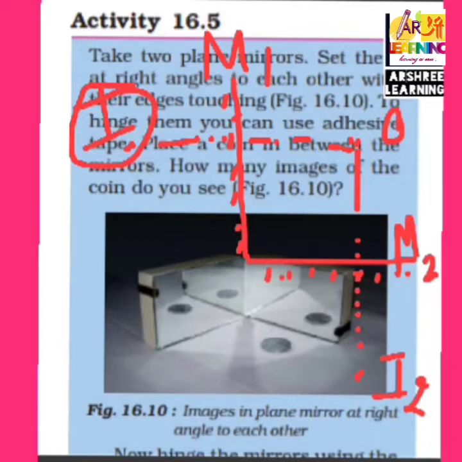Now mirror 1 and mirror 2 are both objects also. The image of mirror 1 will form in mirror 2, and this mirror M1, its image will form at this point. I am calling it mirror number 3, but it is not actually a third mirror, it is just the image of mirror 1.